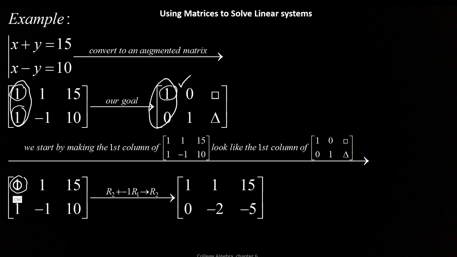Now we have to make the number below it 0, but we have to use this 1. So we're going to take this row, multiply it by -1, and add it to row 2. So here is row 2, right? And row 1, we're going to multiply it by -1: -1, -1, -15. And now we're going to add these. 1 plus -1, 0. -1 plus -1, -2. 10 plus -15, -5.